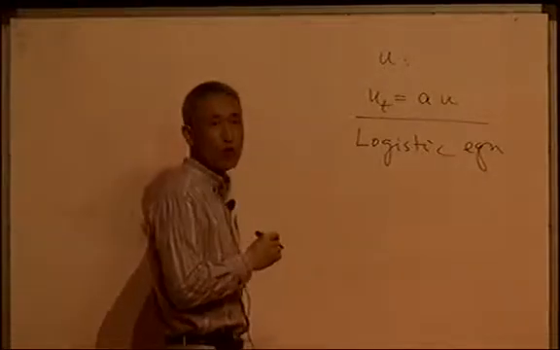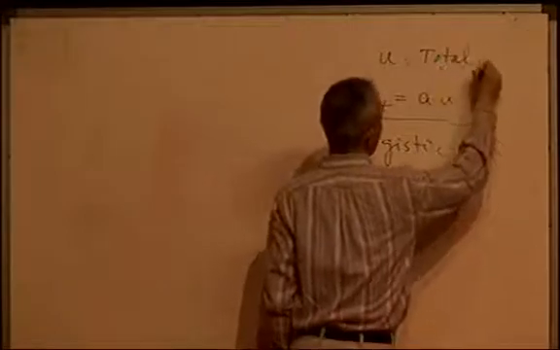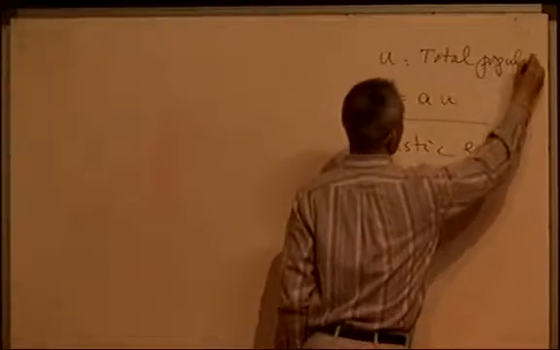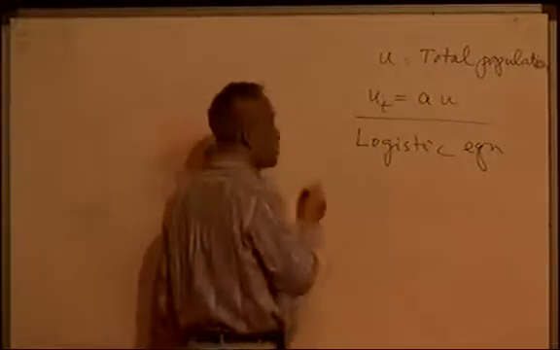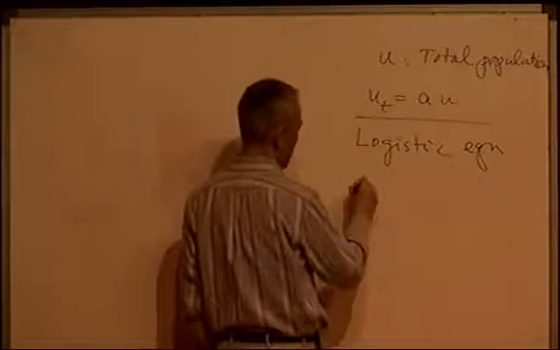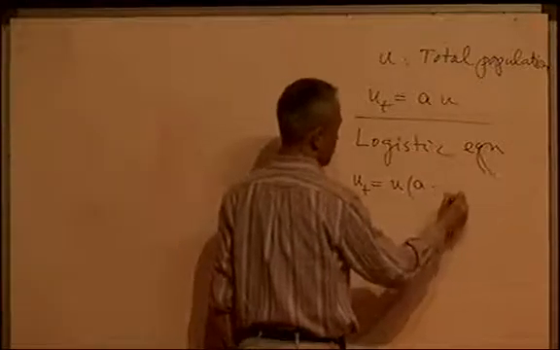U again is the total population. Then U satisfies the following ODE: U_t = U(A - U).